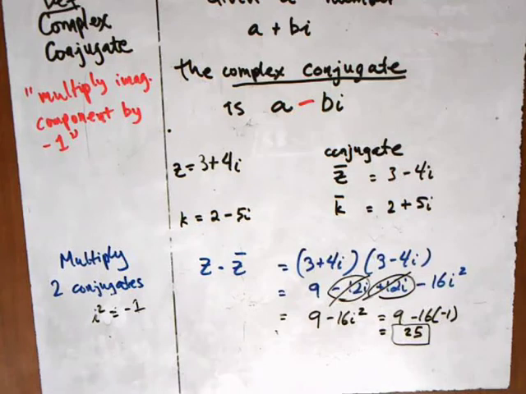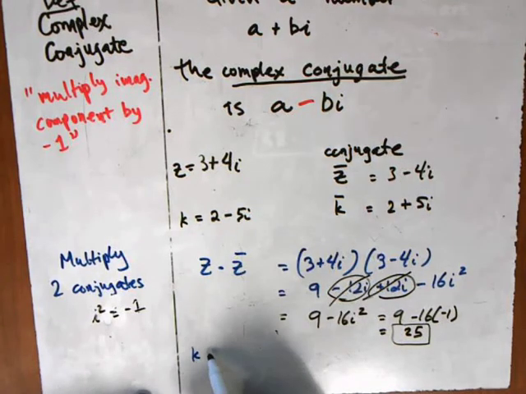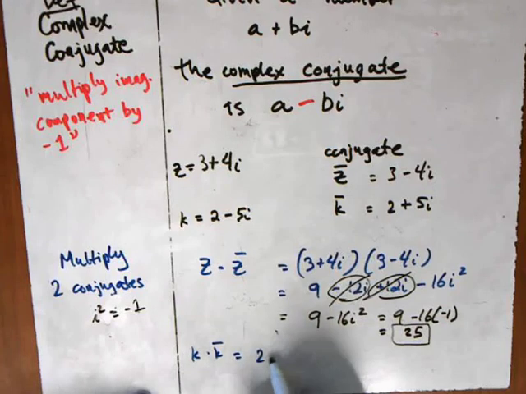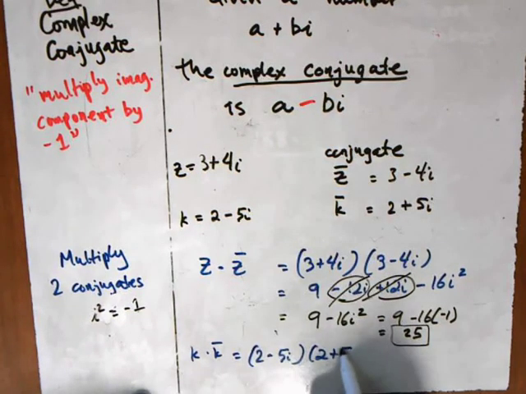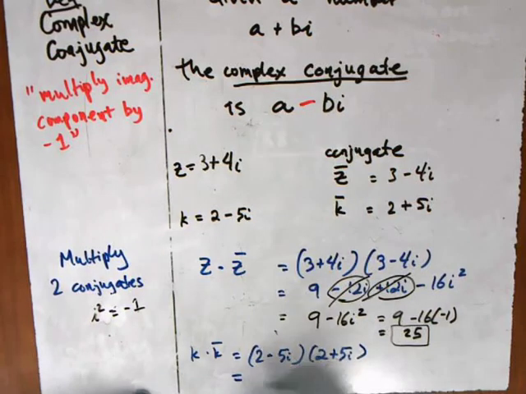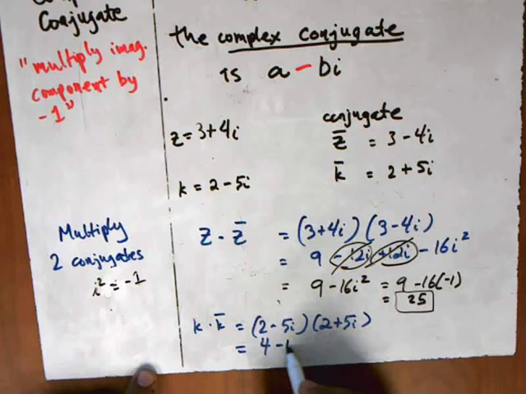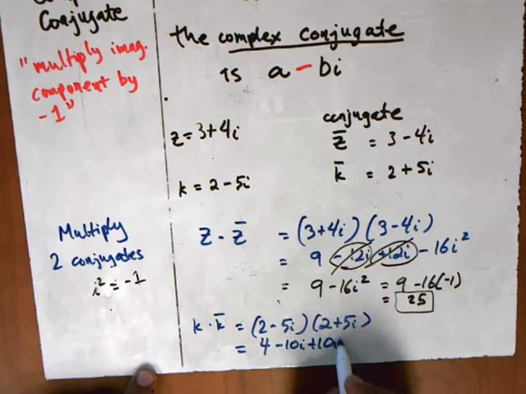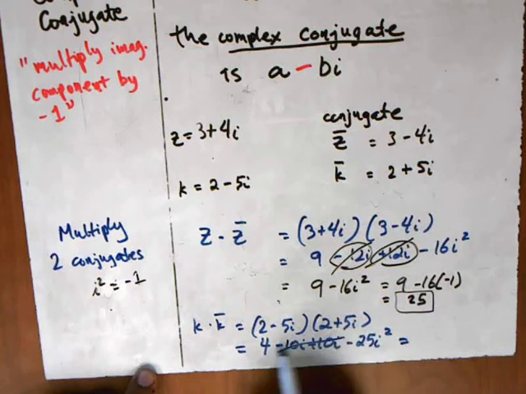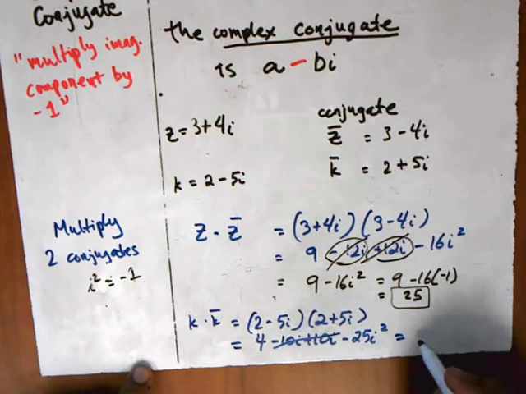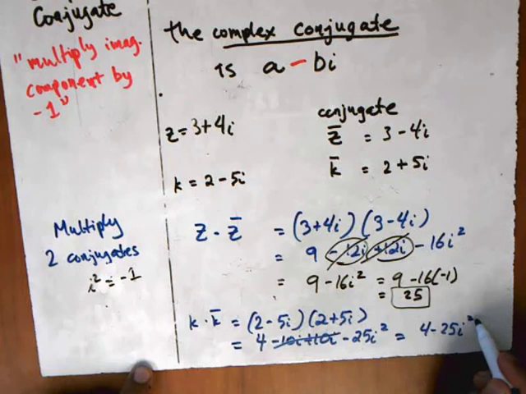Let's try the other one here. So let's try k times k bar. Well, we have 2 minus 5i times 2 plus 5i, and this leads us to get 4 minus 10i plus 10i minus 25i squared. And once again, these two middle terms cancel. We end up with 4 minus 25i squared.